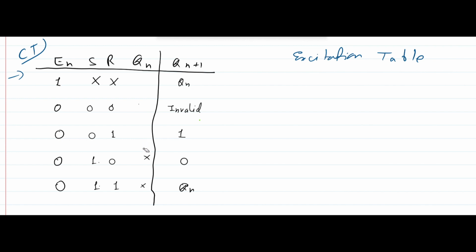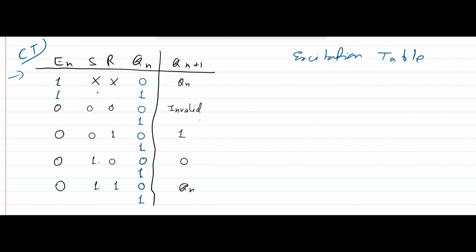Let me remove this. So it will be 0 1 0 1 0 1, likewise only. Correct, all the x's are replaced by their respective 0 and 1 values, and the other inputs will be the same.